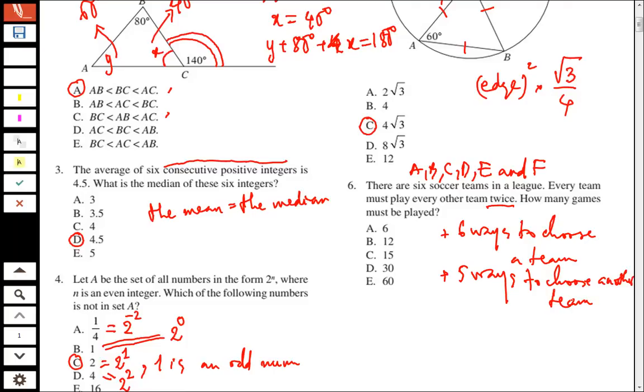But we need to take the result divided by 2. 6 times 5 divided by 2.